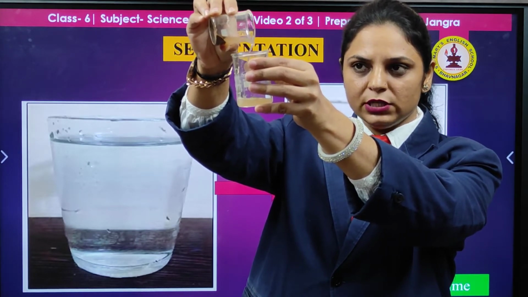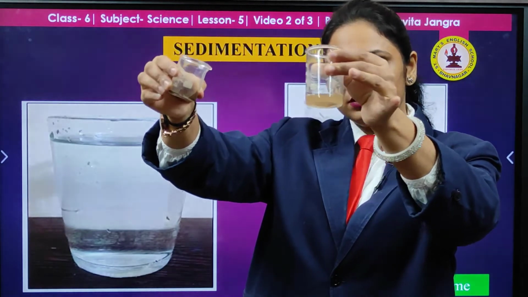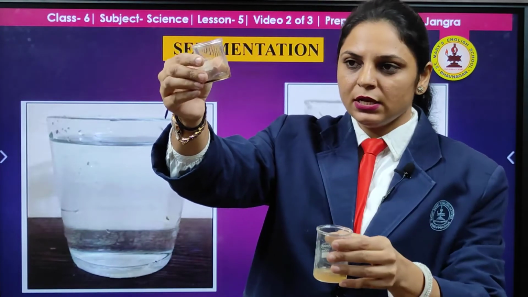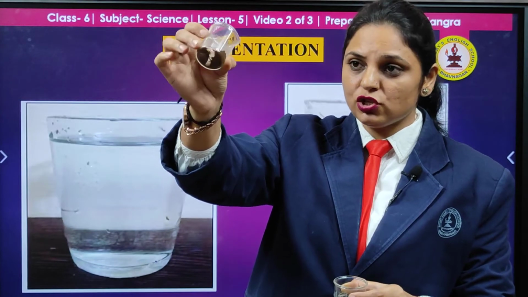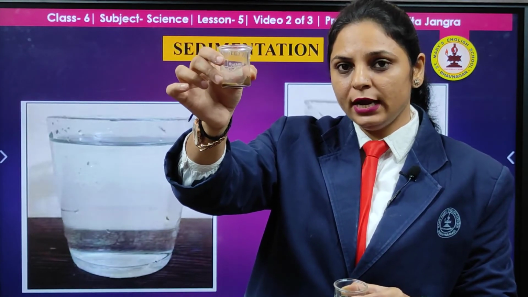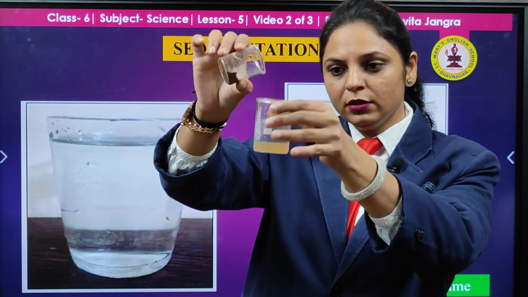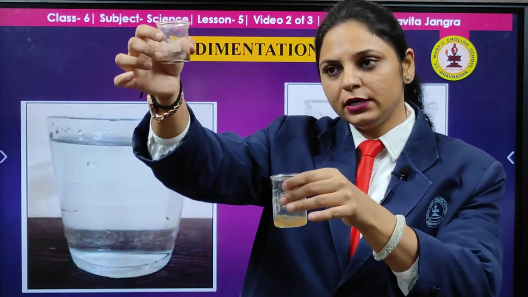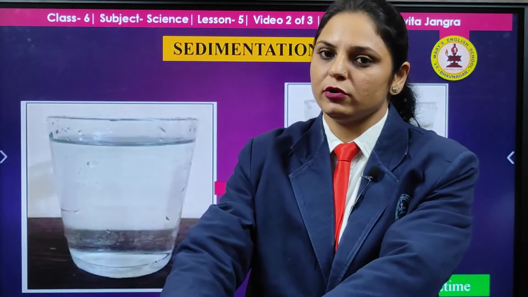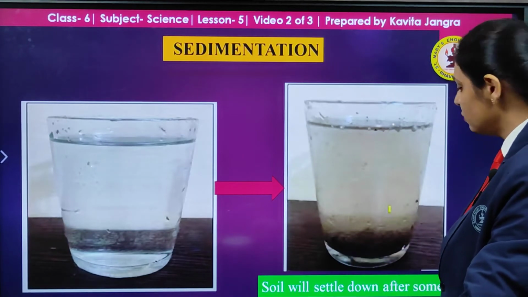Now you can observe it. This water is being taken out by the decantation process, and by sedimentation the soil has settled down. Here, the settling of the soil, the heavier particles, is sedimentation, and taking out the water, separating the water and the soil, is the decantation process. Okay, so this is sedimentation, the soil settled down after some time.